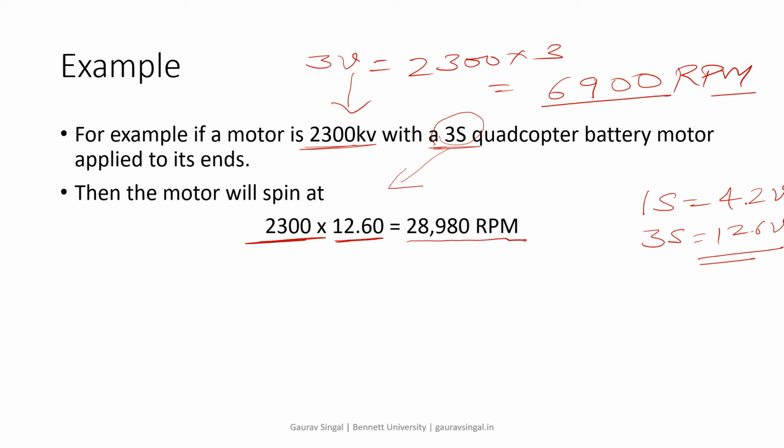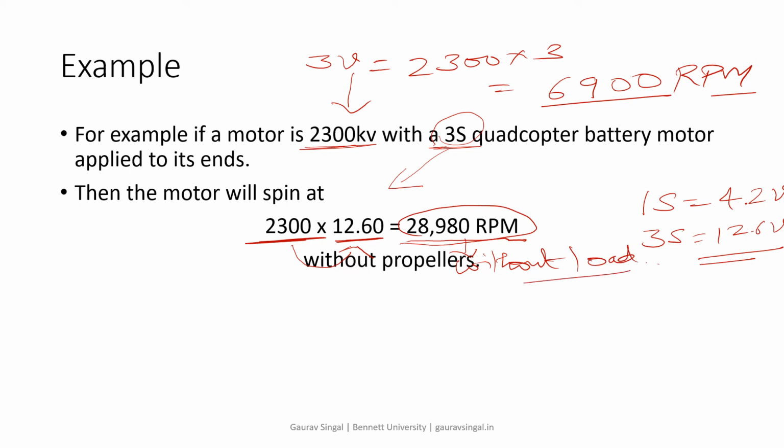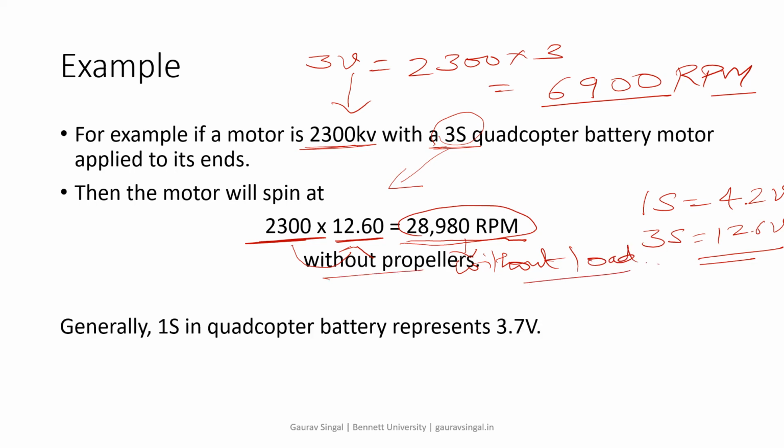So that's why in this case we are multiplying 2300 into 12.6 volt, that is 28,980 RPM, again without load, without propellers. Generally they say a 1S quadcopter battery represents 3.7 volt, but when we charge it, it gives us 4.2 volt, so that's why I've taken 4.2.